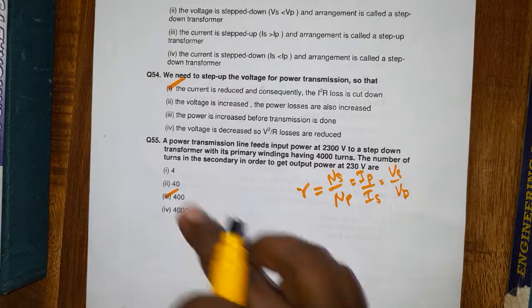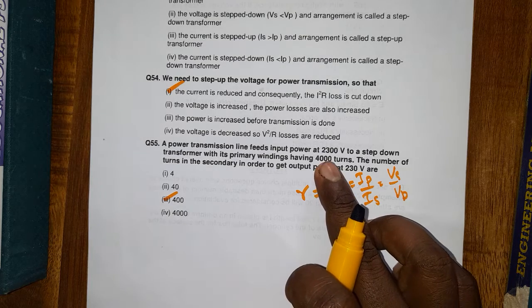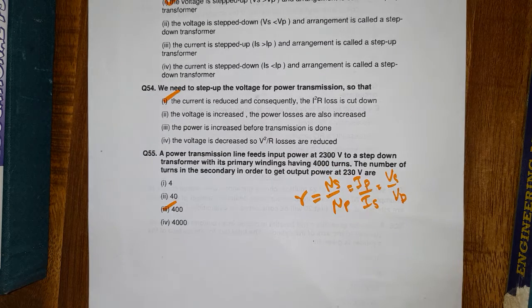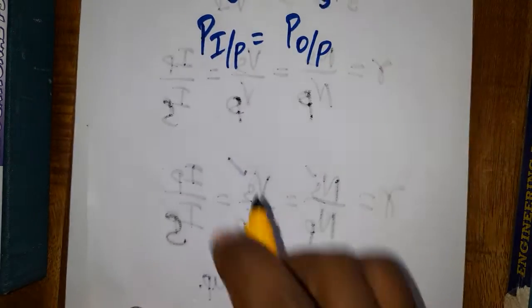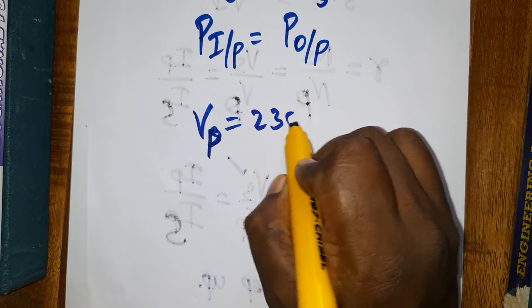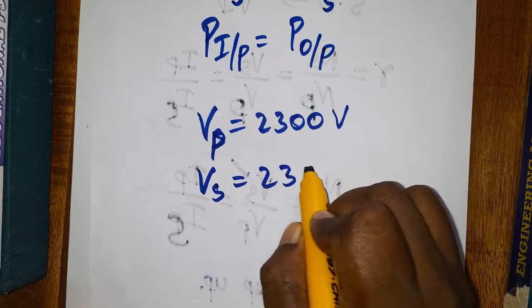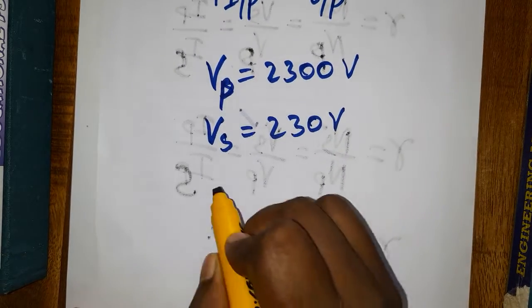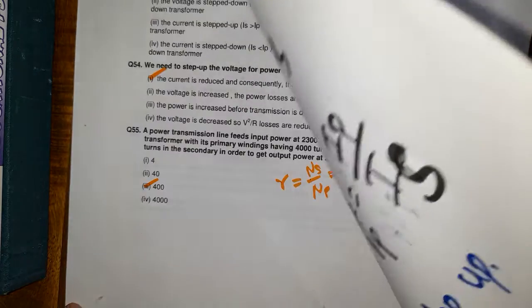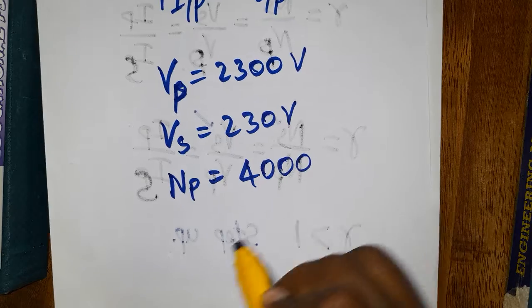Next, question number 55. The voltage in input is 2300 and the voltage in output is 230. So the voltage in the primary is 2300 volts and the voltage in the secondary is 230 volts. The number of turns in the primary is given in the question: 400 turns. What is the number of turns in the secondary?